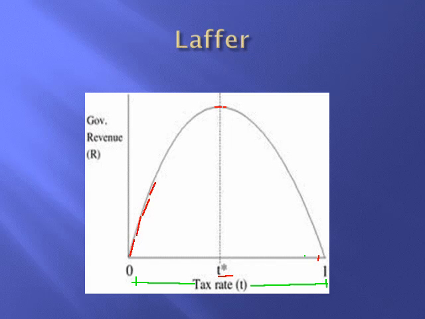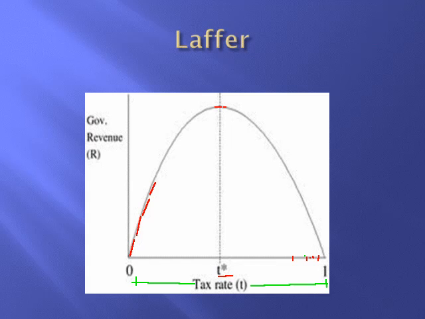And the question becomes, is it worth it for you to work? What about at 98%? What about at 90%? What about 80%? Where is the tax rate that's going to create for you the incentive to stop earning money or stop reporting your income? That's what T star is.